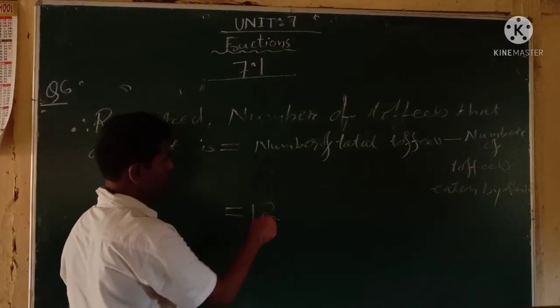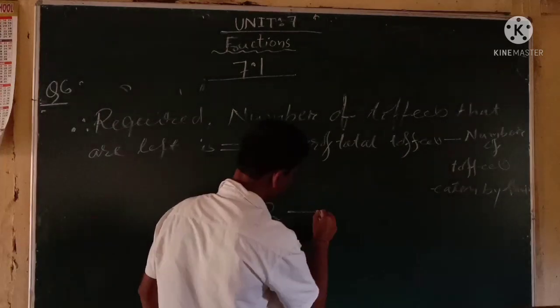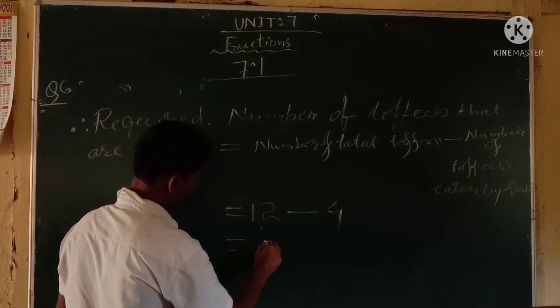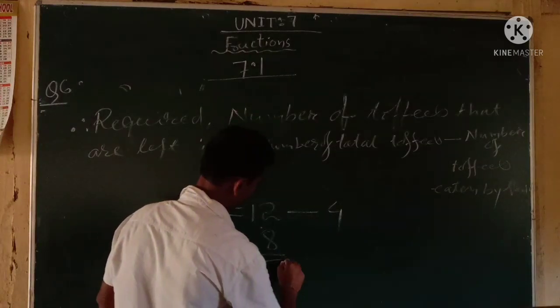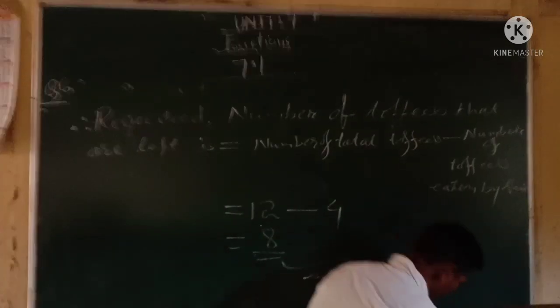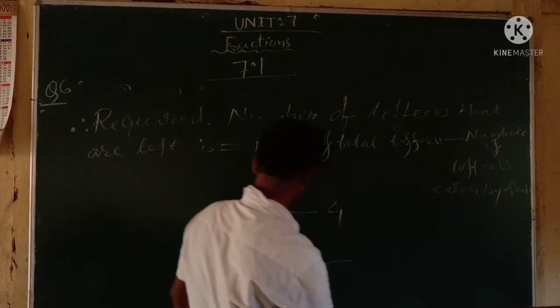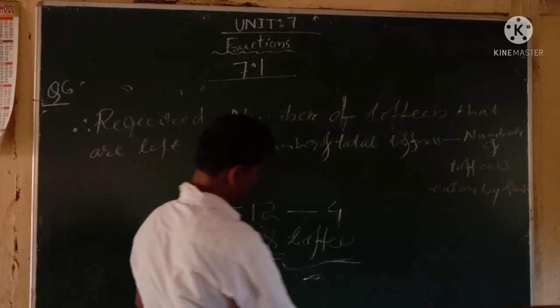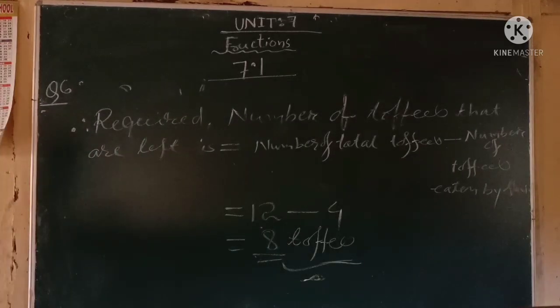We'll replace the value 12 and with minus. The number of toffees eaten by David, we have already found out 4. Now 12 minus 4, that is 8. Sorry. 8 toffees. Well, this is the solution for question number 6.